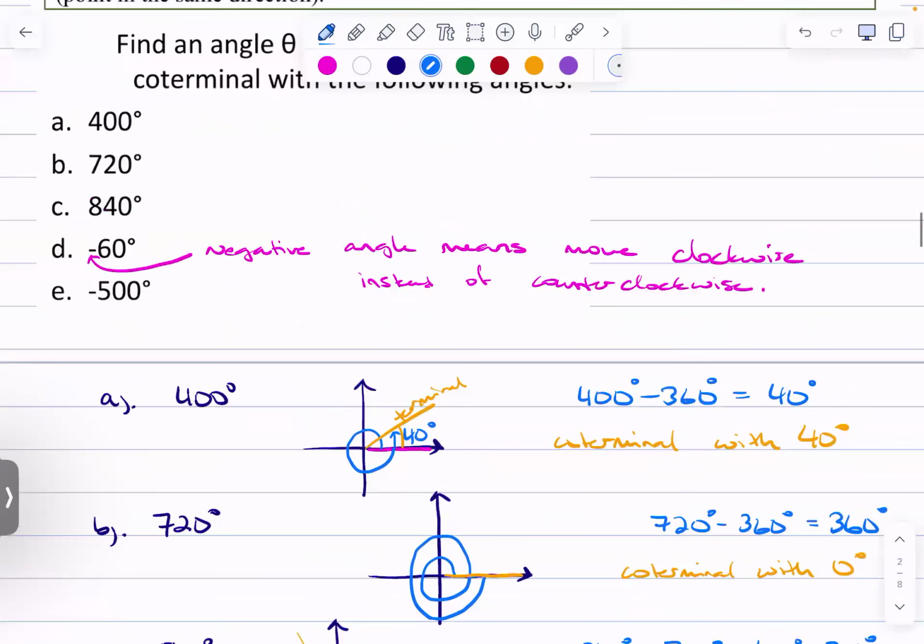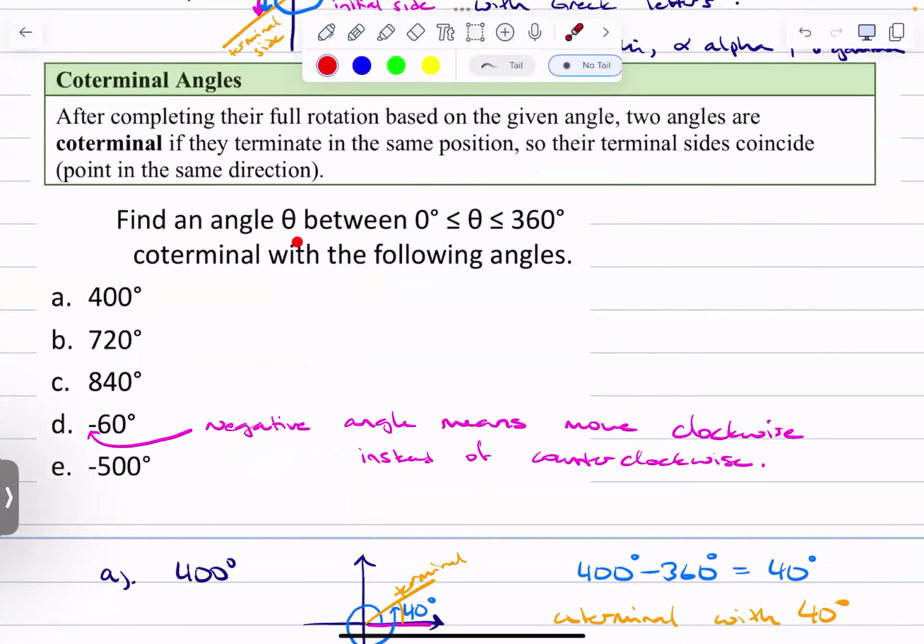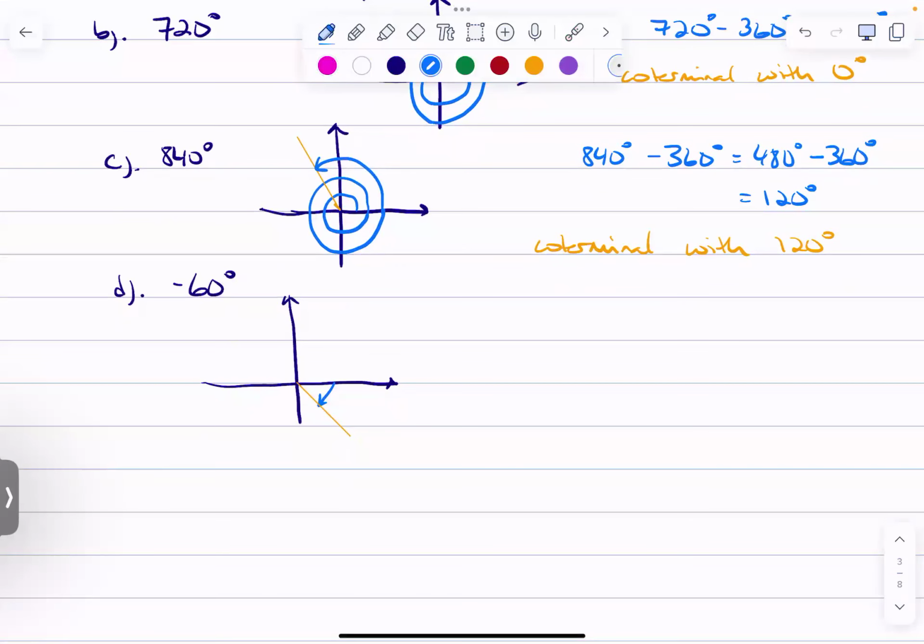But we want an angle between 0 and 360 degrees, right? Which means that we want this angle, which will also be coterminal. So how are we going to find that? Well, there's a couple of different ways. We know the total rotation is 360, and then I've kind of backpedaled 60 of it, right? And so we could do it that way.